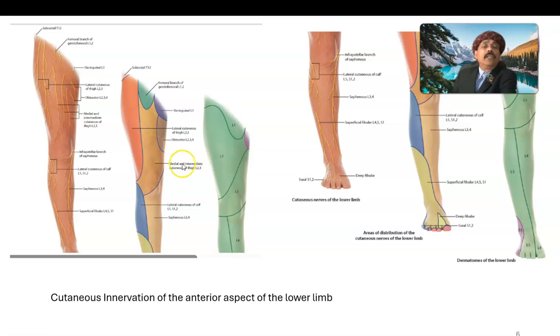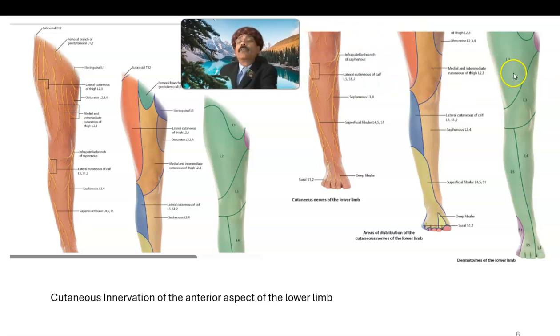The medial and intermediate cutaneous nerves of the thigh are branches of the femoral nerve, and this is the lateral cutaneous nerve of the thigh, L2, L3. If this is compressed, particularly around the inguinal region, we might get the clinical condition meralgia paresthetica.